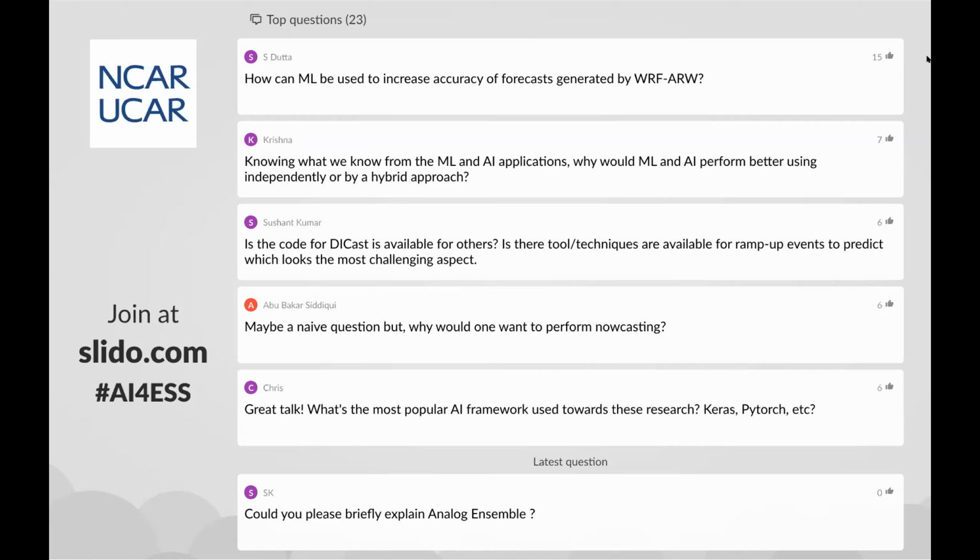I pointed out how much it increases accuracy: on the order of 10 to 15% for DICast for day-ahead forecasts. We can get up to 50% improvement on the very short range using some of the statistical forecasting methods. And in addition, DICast actually does excellent on the very short ranges too.